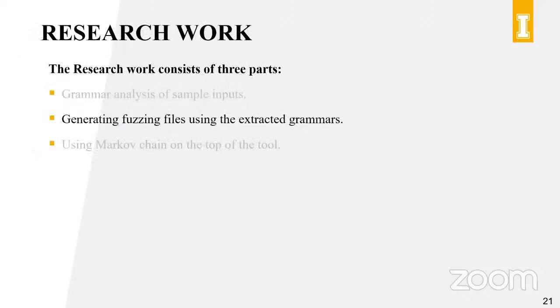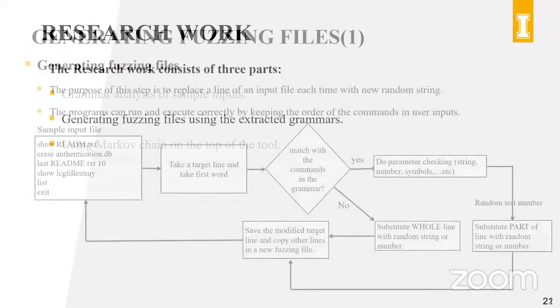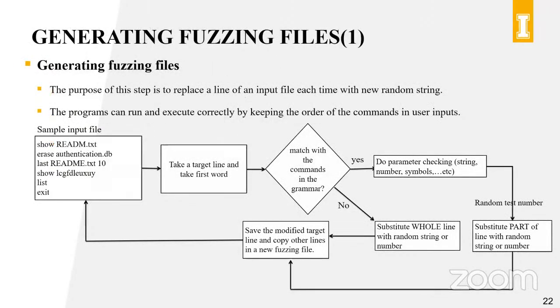Then we are going to move to generating the fuzzing file by using the extracted grammars. The purpose of this step is to replace a line of an input file each time with a random string.